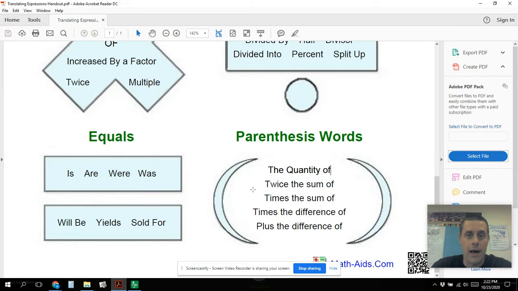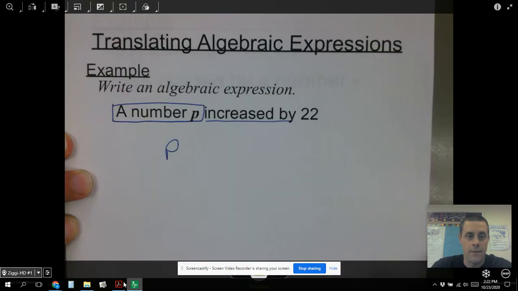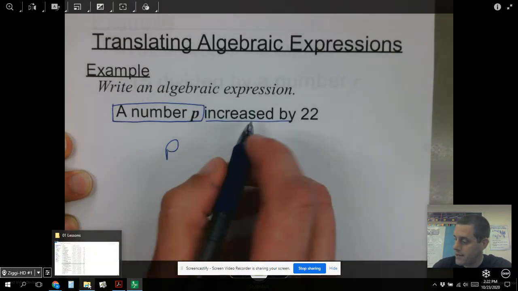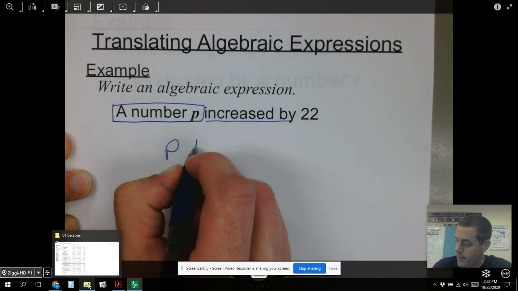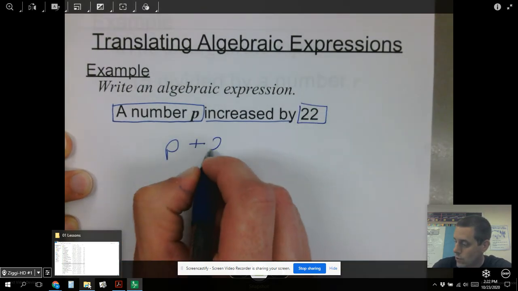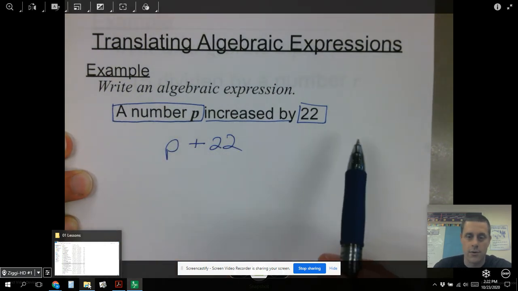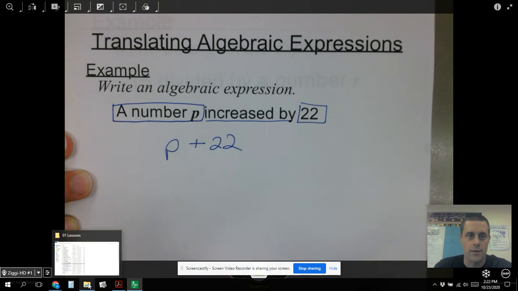Now, straight from our handout, we see increased by is a word that means addition. So this is an addition expression. So we have p increased by. I'm going to replace increased by with a plus sign for addition. And then very simply at the end, we just have 22. So a number p increased by 22 would be written as p + 22.